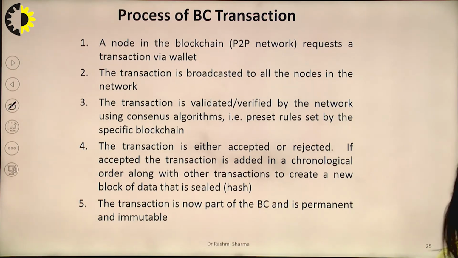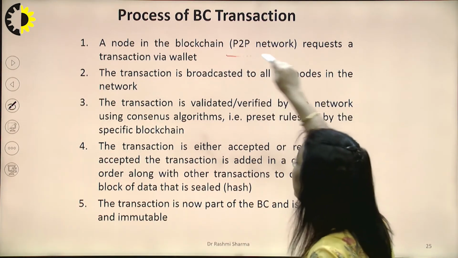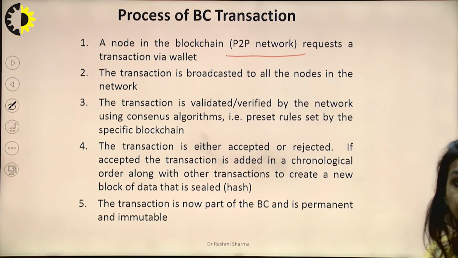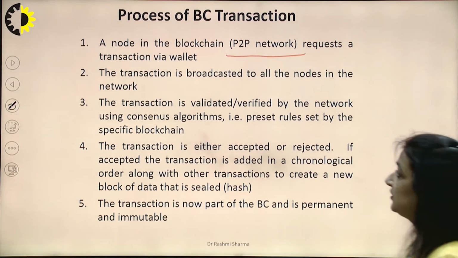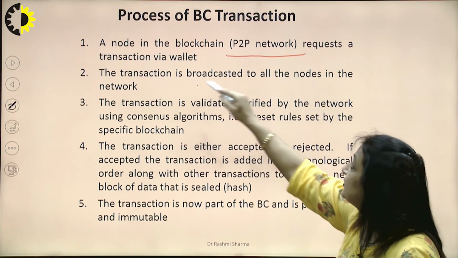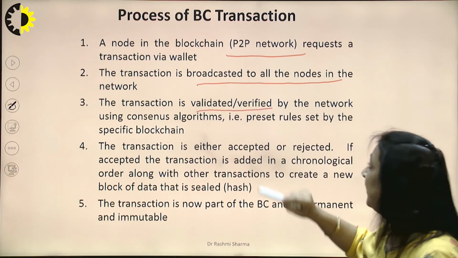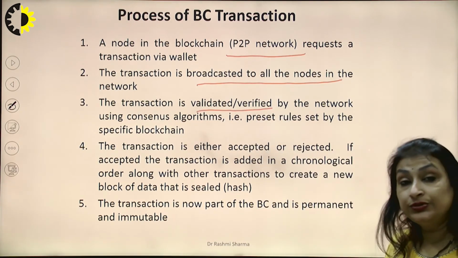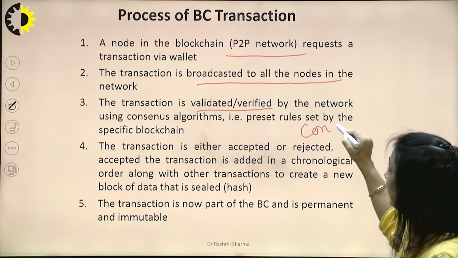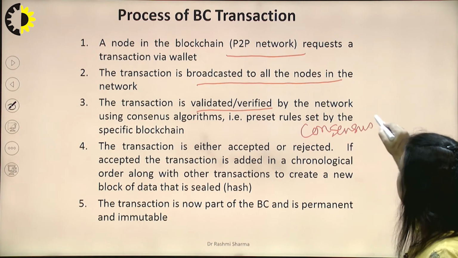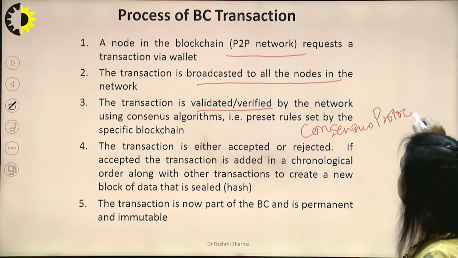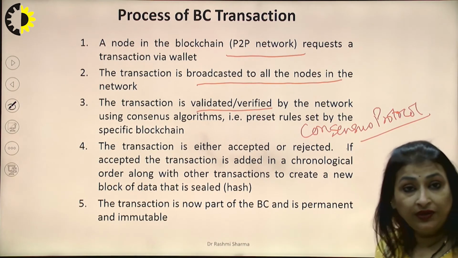So the process of a Bitcoin blockchain transaction is: a node in the blockchain's P2P network, obviously a peer-to-peer network, requests the transaction via the wallet, saying I want to do a transaction. The transaction is broadcasted to all the nodes in the network. The transaction is validated or verified, obviously using the consensus rules. Don't forget that the consensus protocol we are using is the set of rules to verify everything.